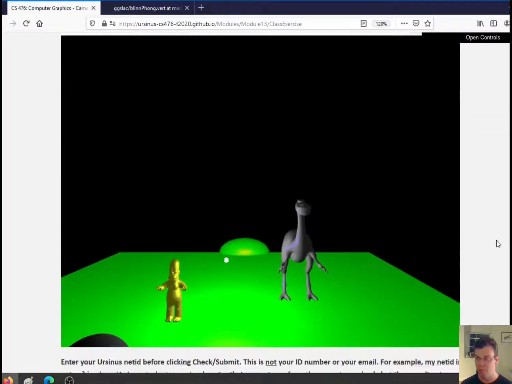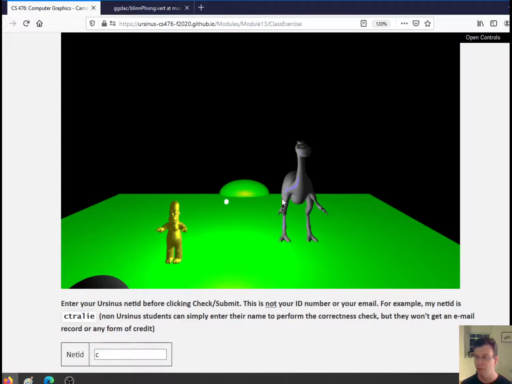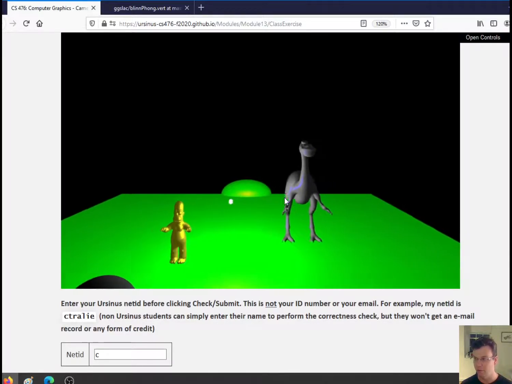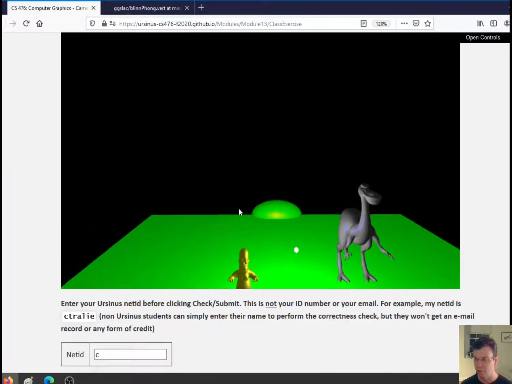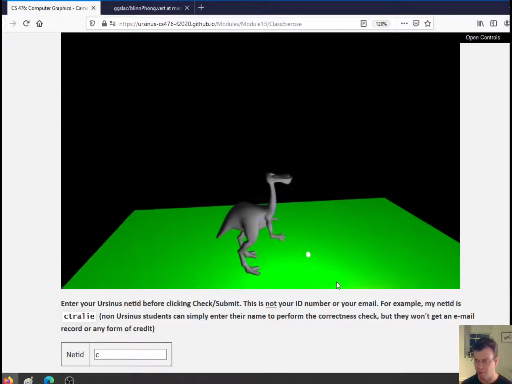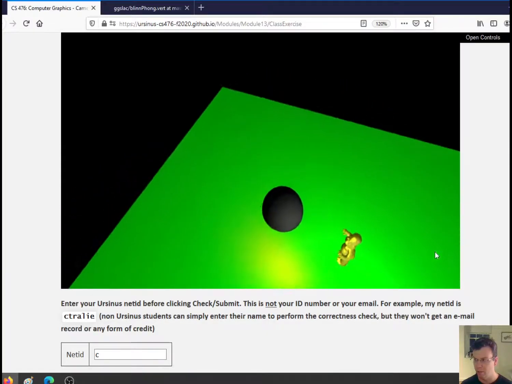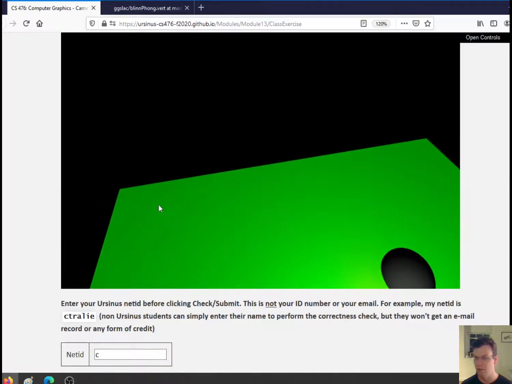Okay, so we're making pretty good progress. But what we saw was, I can still move around just fine. The translation part's working, but the rotation part was a little bit different than what we were expecting. So it seems like no matter where we are, the center of rotation is the center of the scene.